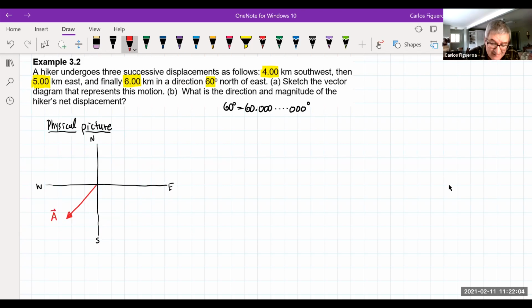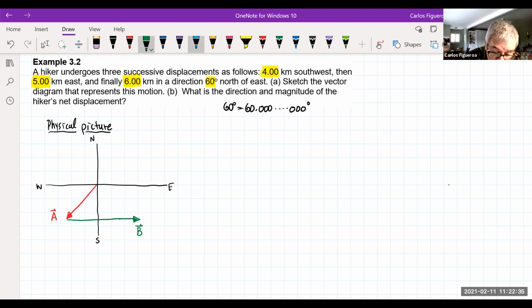And then it says that you're going to take a 5 kilometer step in the east direction. So I'm just going to guess here. I think this vector should be longer than the red one. So let's say I do it like this. So here's my second step, my B. And then I'm going to go 60 degrees northeast by 6 kilometers.